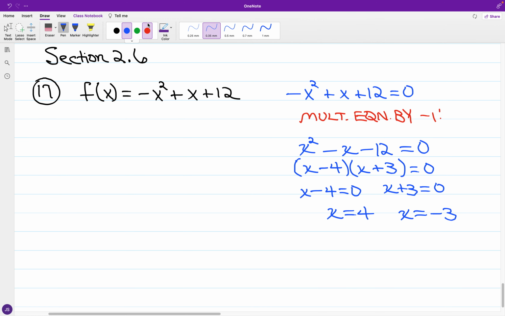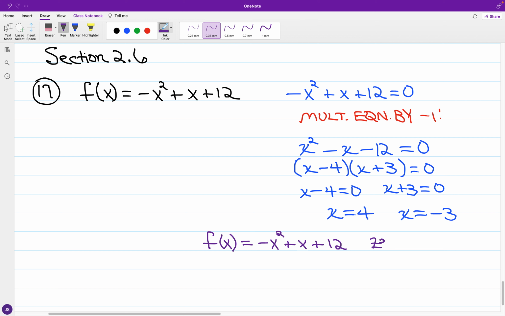And so in setting things up, kind of like applying what we have for the comparison to 0 inequalities, again, we have our given function, f of x is equal to negative x squared plus x plus 12.